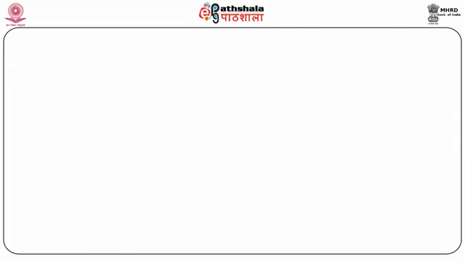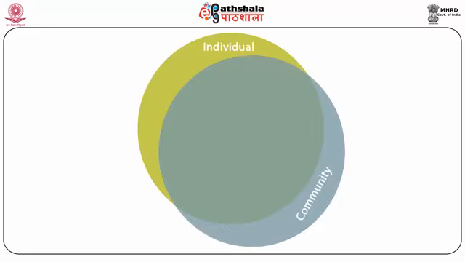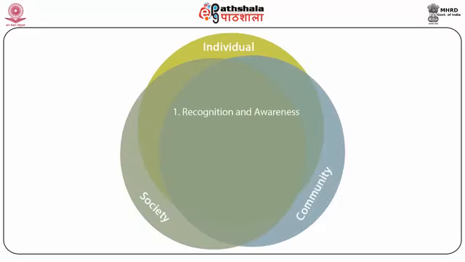Now, this is what it talks about when we are talking about a national MIL policy, and the importance of media and information literacy policies and strategies. This is how it affects the individual, community and society. One is recognition and awareness: there are so many things happening in society, and people will be aware of them.